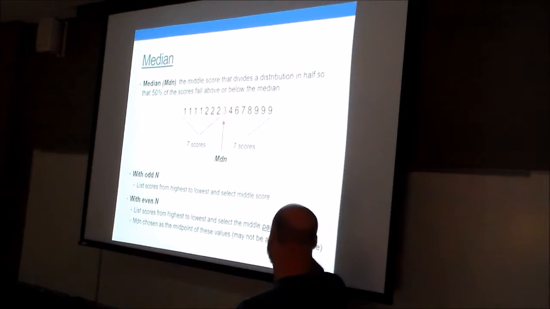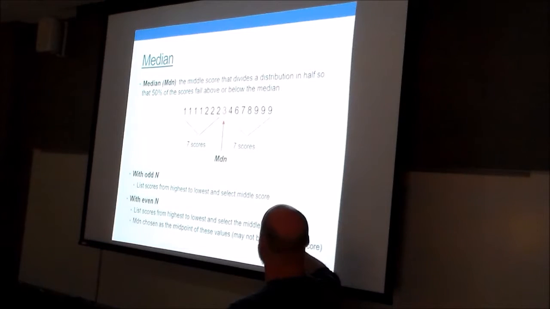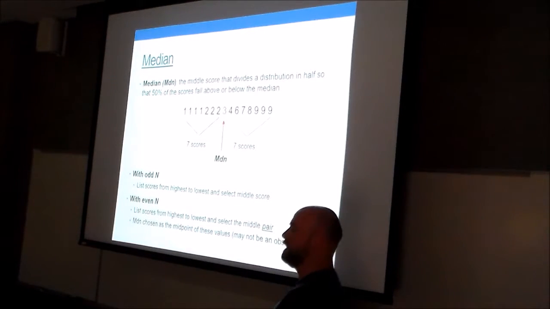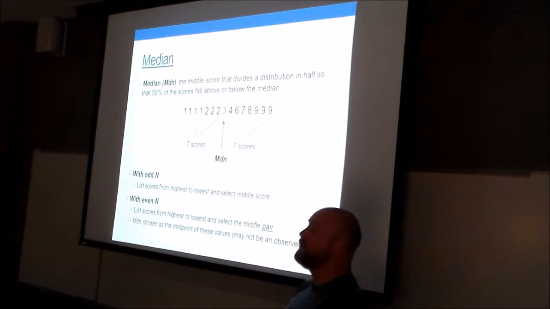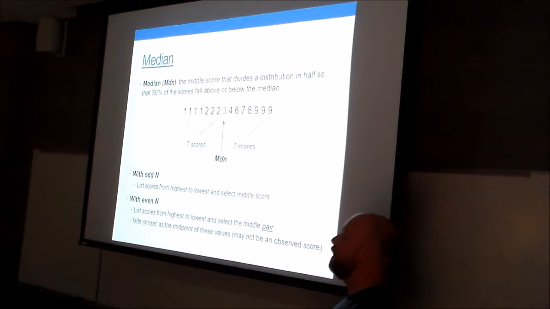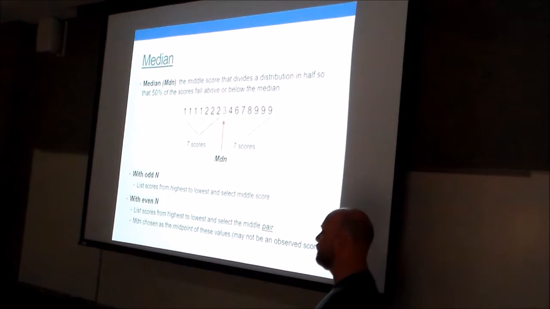If we had 16 values and this was 3 and the next one was 4, what would our median be? 3.5, right? And so with an even number of scores, it's possible that our median might not actually be an observed value, okay?